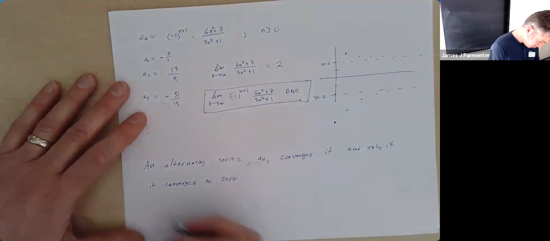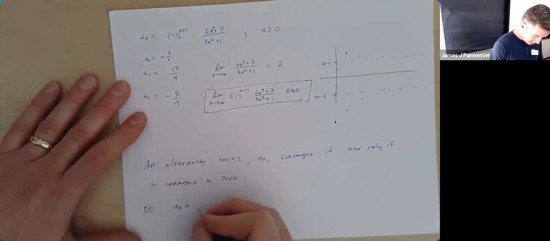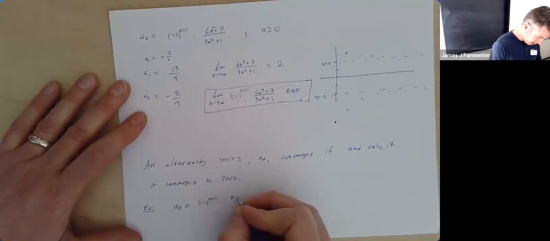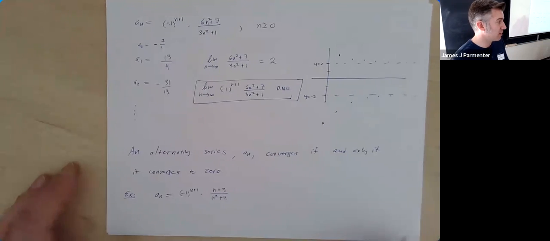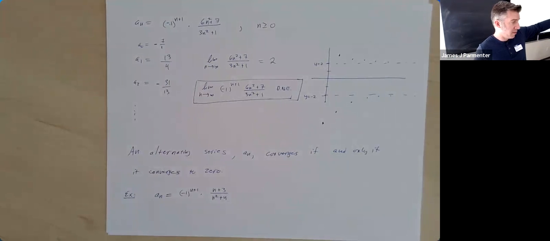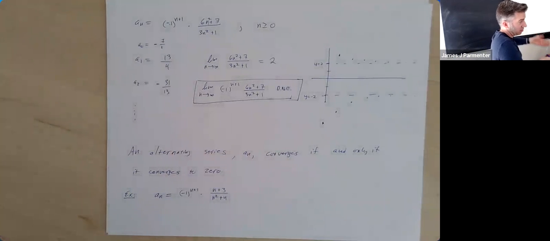For example, the alternating sequence a sub n equal to -1 to the n plus 1 times n plus 3 over n squared plus 4. That sequence will definitely converge to 0, because even though you'll have terms that are positive and terms that are negative, they're both going to be getting close to the one value that both positive numbers and negative numbers can get close to simultaneously, which is 0.